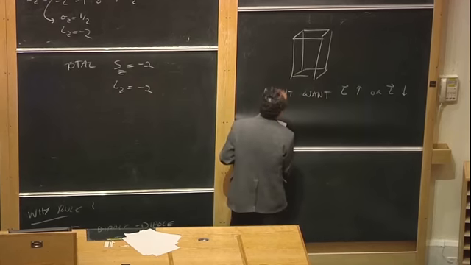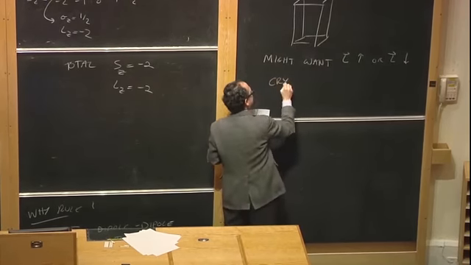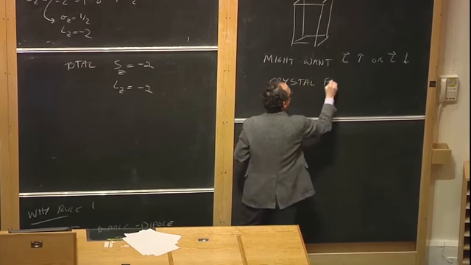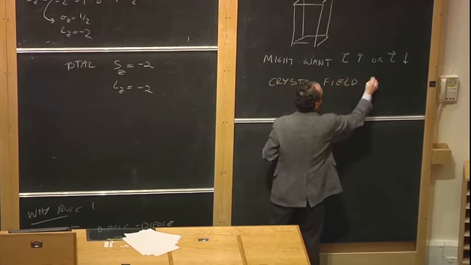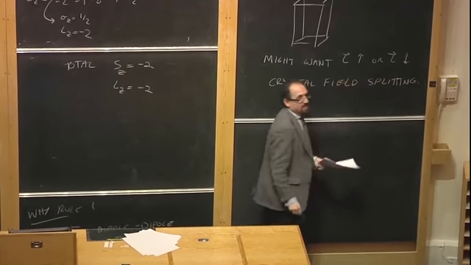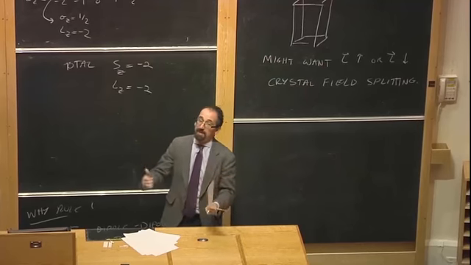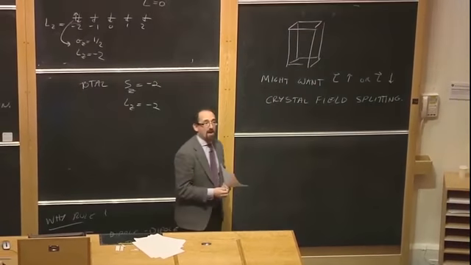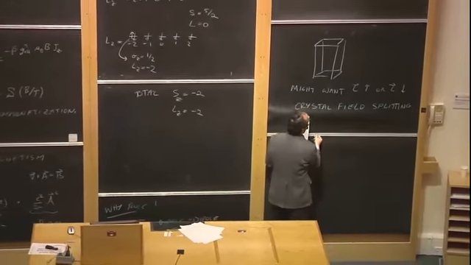This is what's known as crystal field splitting, where the environment of an atom tends to fix which angular momenta are allowed and which ones are not allowed. Okay?